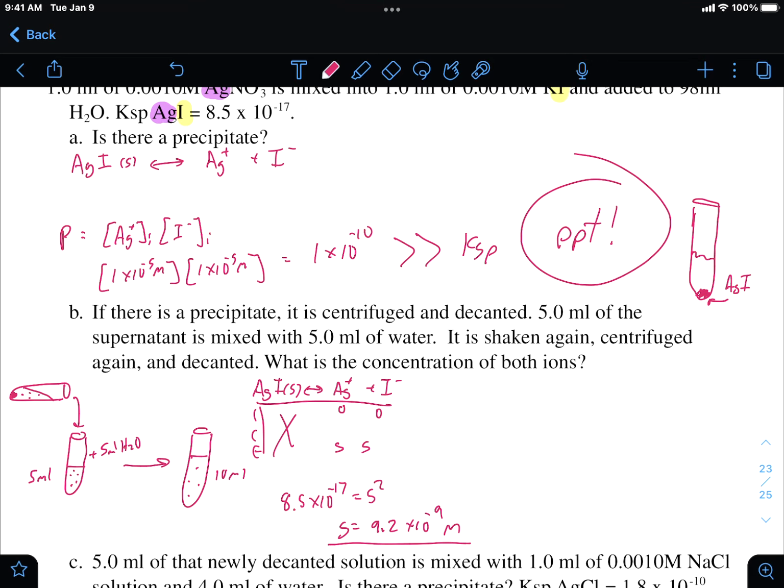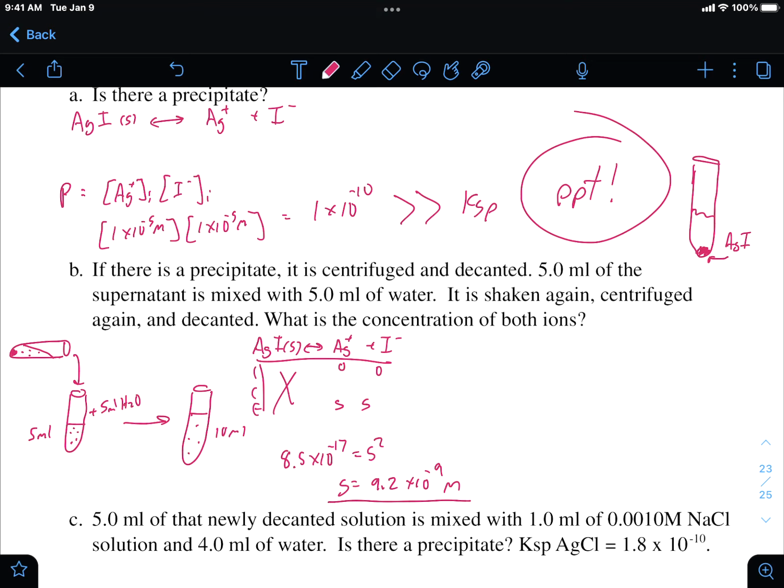But we diluted the original saturated solutions. So we have to recalculate what those concentrations are. So, number of ways you can do this, right? So, for example, if this is 9.2 times 10 to the minus 9th molar Ag ion, there was 5 milliliters of it.